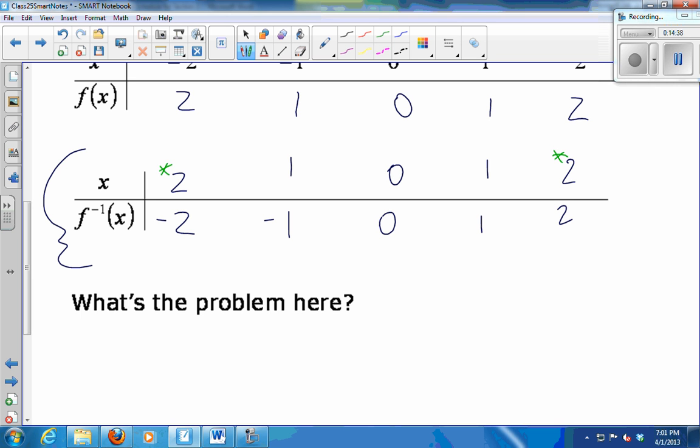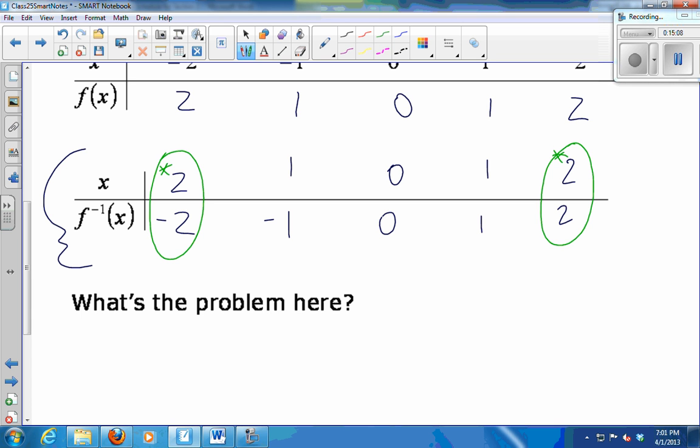Yes. I have 2 different outputs for the input of 2, right? When 2 gets input here, my output's -2. And then a little while later, I put in 2 as my input again, and this time my output is +2. When you have the same input that produces two different outputs, that's not a function.